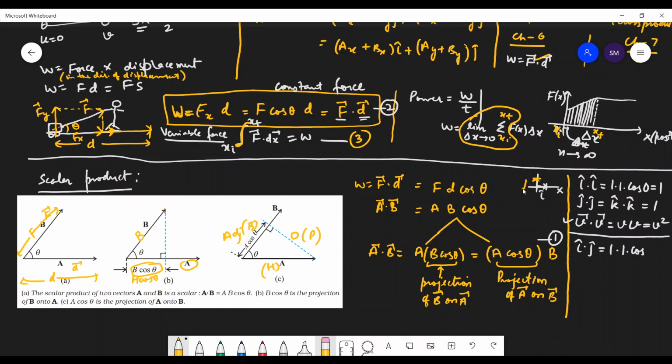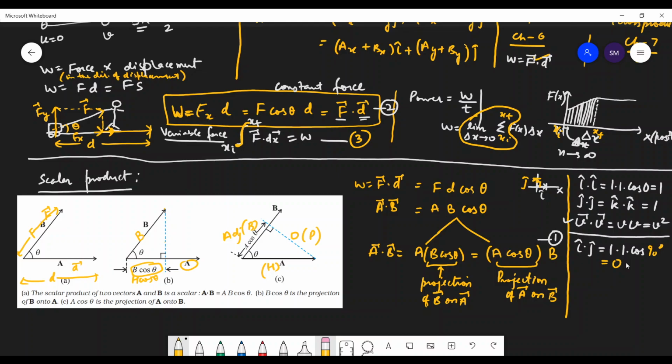So here the angle between them is 90 degrees, right? So this is cosine 90, and cosine 90 is 0. So 1 into 1 into 0, the answer is 0. So this dot product is 0. Similarly, it will be for j dot k, it will be 0.